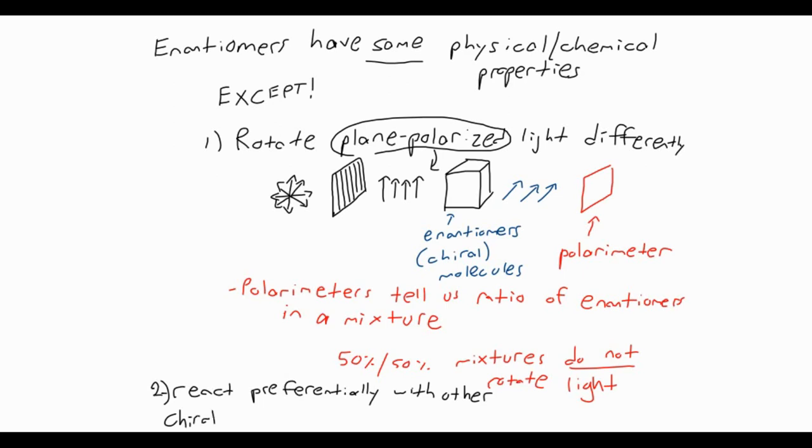And that has important ramifications in the realm of biochemistry, where we talk about enzymes a lot. A lot of times enzymes are chiral, and they are built to catalyze certain reactions over others.